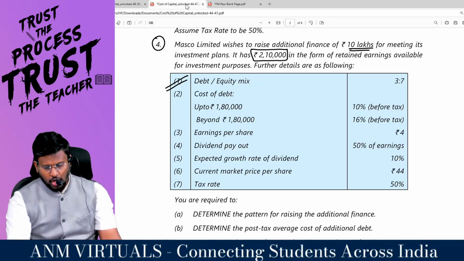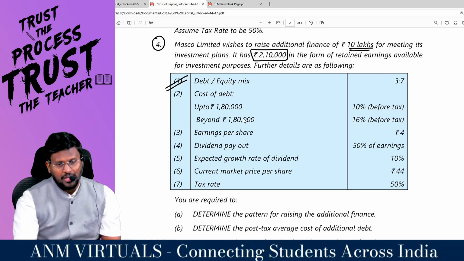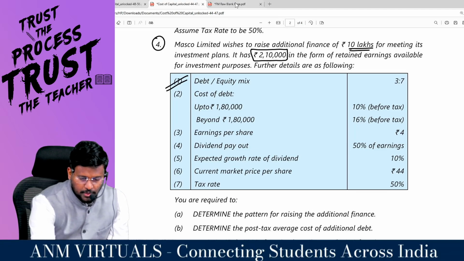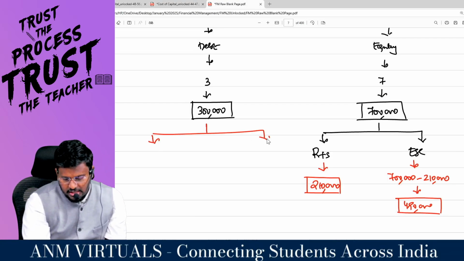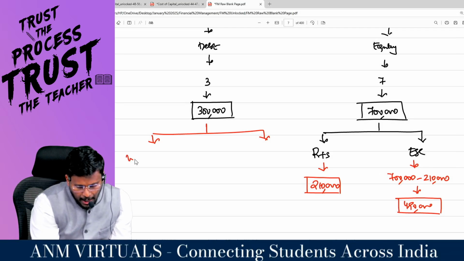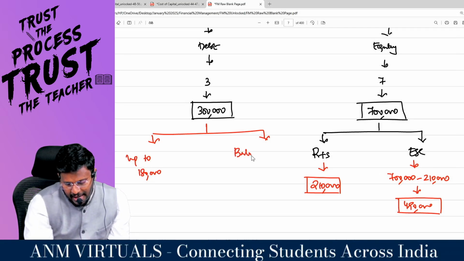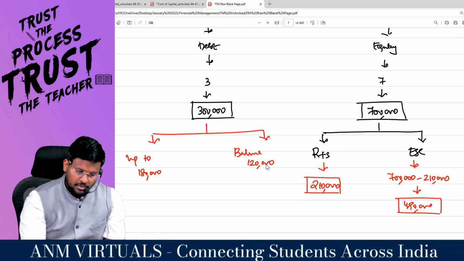Cost of debt is given up to 1,80,000 and beyond 1,80,000. So this 3 lakh should be classified into two categories: up to 1,80,000 and the balance 1,20,000, because totally it should be 3 lakhs.